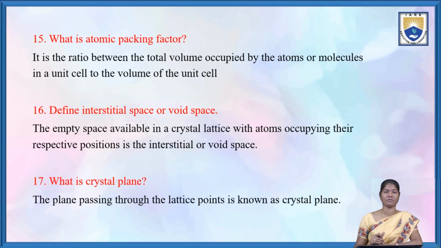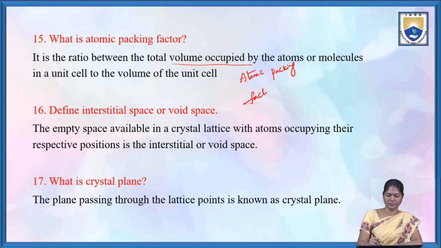What is atomic packing factor? It is the ratio between the total volume occupied by the atoms or molecules in a unit cell to the volume of the unit cell. So atomic packing factor is equal to the volume occupied by the atoms in a unit cell to the volume of the unit cell.